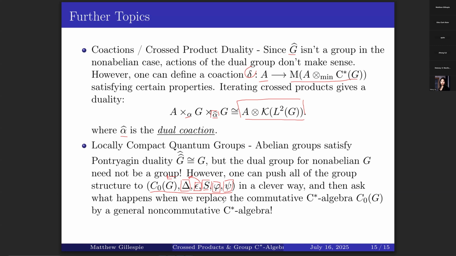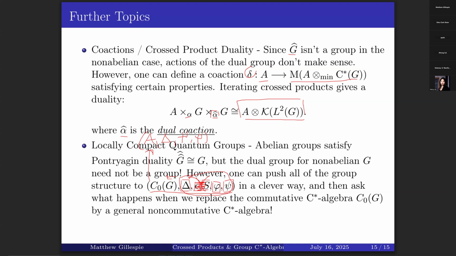In general, what we do is we apply the Gelfand philosophy to this, and we say, okay, I have this object that's very nicely behaved when I have C0 of G, but if I instead replace C0 of G by just some arbitrary C-star algebra A, and I abstract these definitions of what these things are, what happens? Turns out in general, it's too restrictive to always have this co-unit and antipode, and so instead we consider a quadruple of objects where I have a C-star algebra, co-multiplication, and some Haar weights.